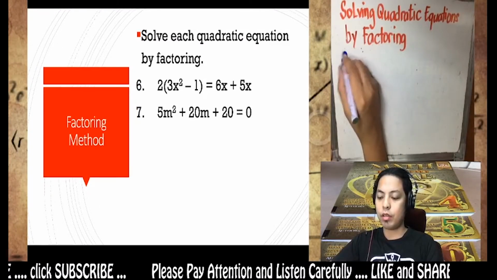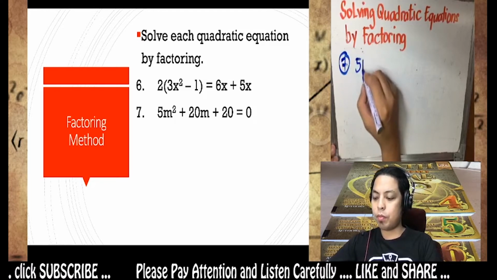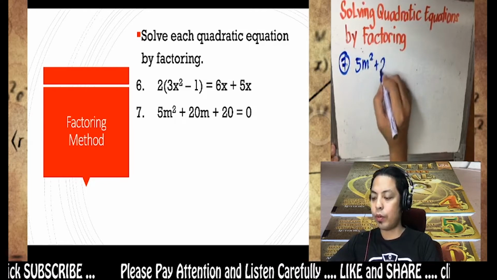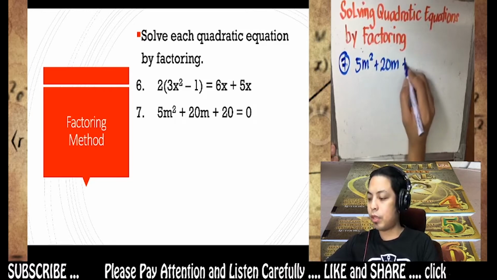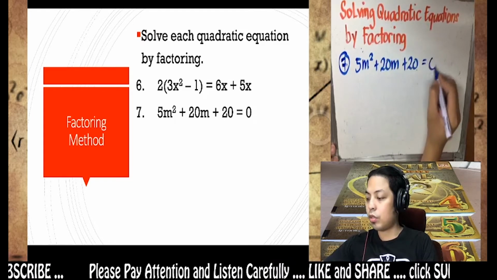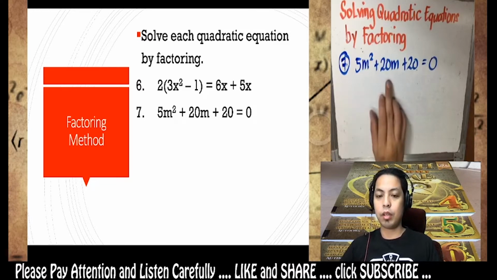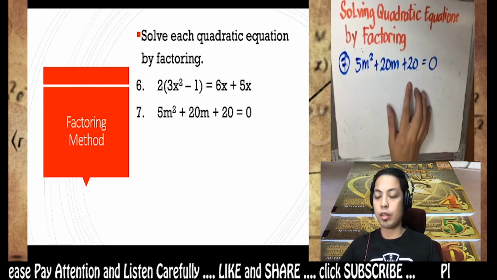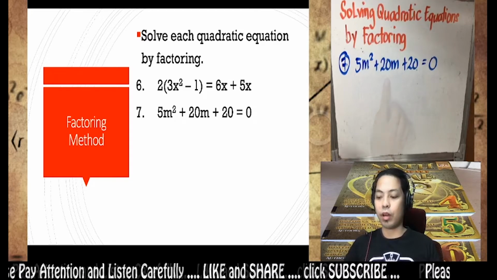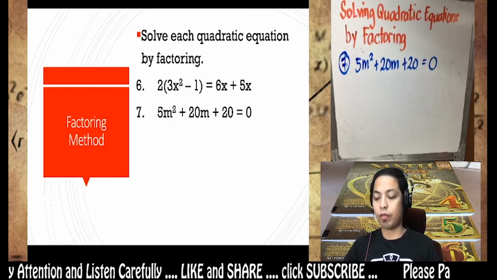Number 7, we have 5m squared plus 20m plus 20 is equal to 0. What do we notice in the quadratic term, linear term, and constant term? They are all divisible by 5.